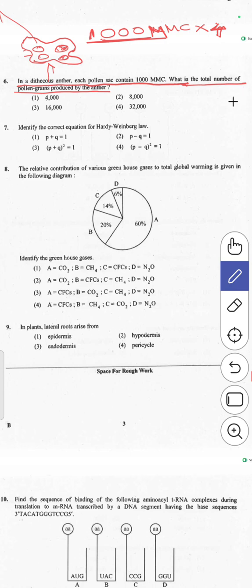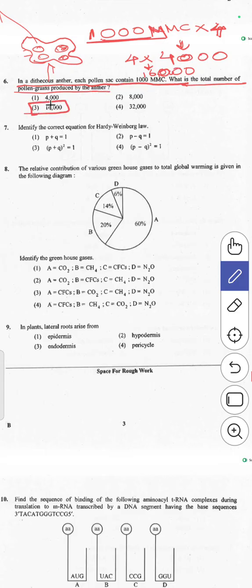So that will be considered as 4000. In every microspore mother cell there is a production of 4 pollen grains. So due to that, 16,000 will be the right answer for this question.